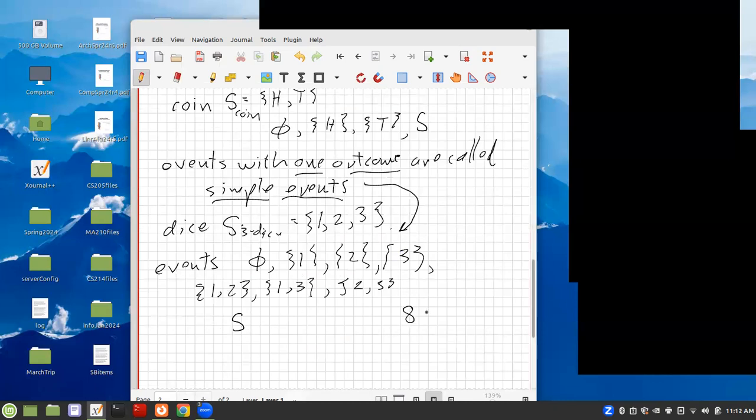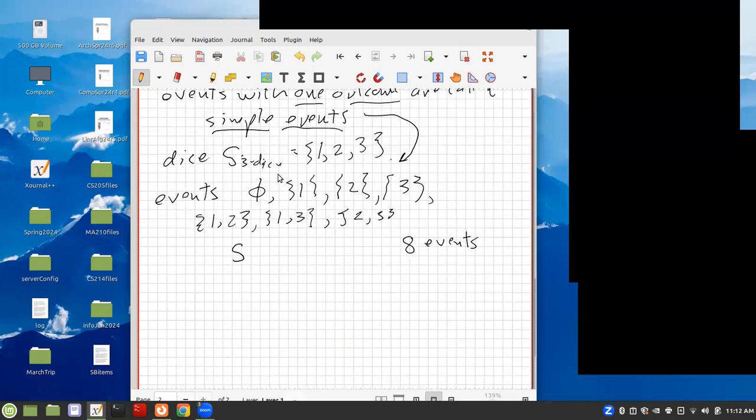There are 8 events possible for this 3-sided dice, and up here there are 4 events for the coin. So counting events is like counting subsets. When you go to larger spaces, there's a huge number of subsets. Those are the idea of events, and events are the things that we attach probabilities to.